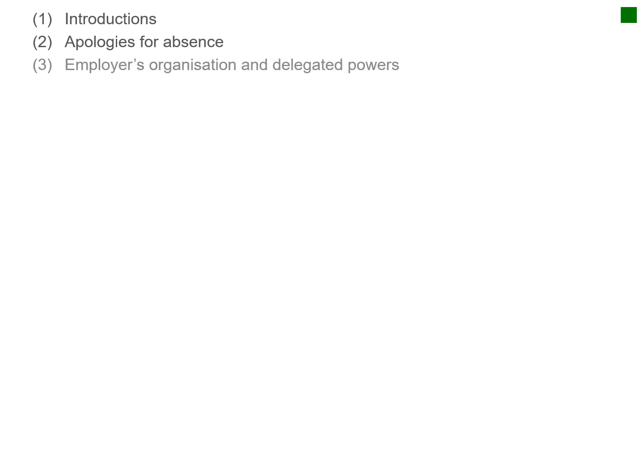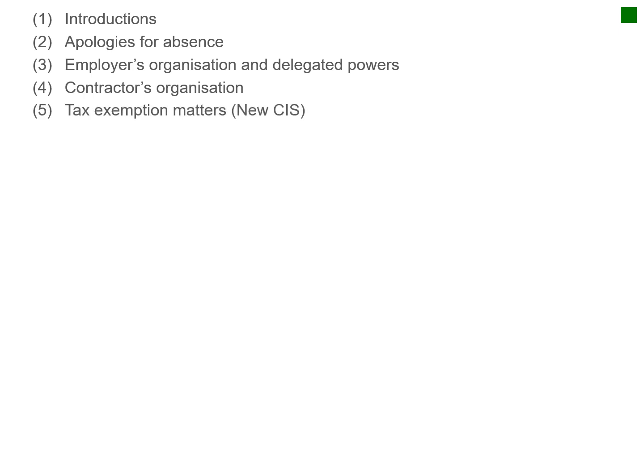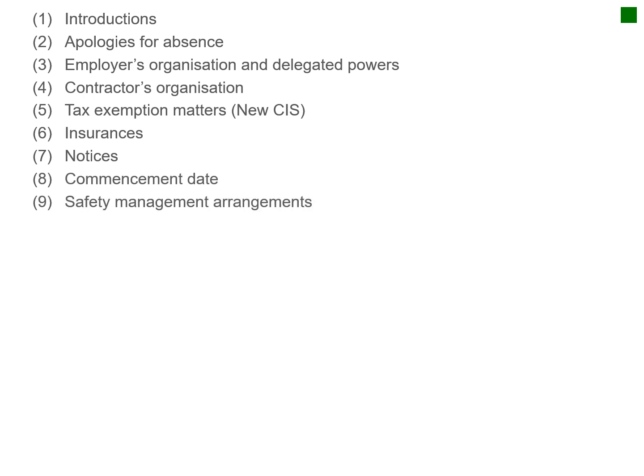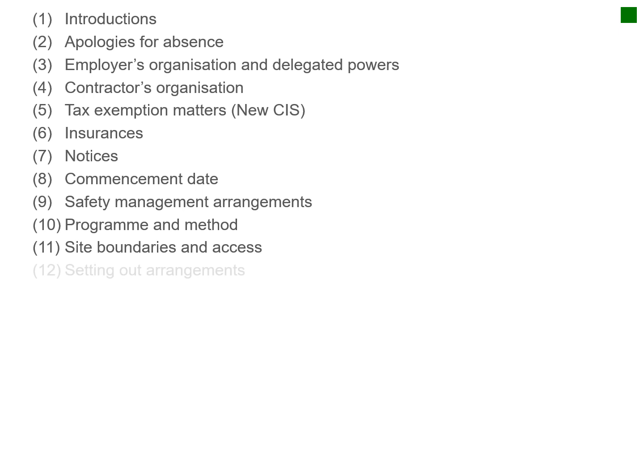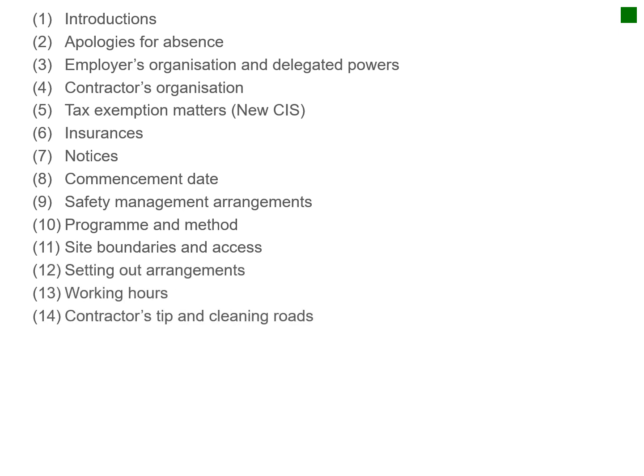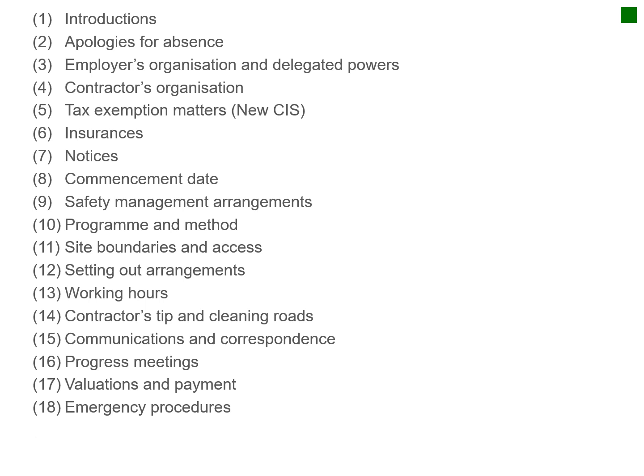This is typical of the items that one would encounter on a project like this: the tax exemptions, insurances, notices, commencement, safety management arrangements, programs and methods, site boundaries and access, setting out arrangements, working hours, contracts, tip and cleaning roads, communication and correspondence, progress meetings, valuations and payments, emergency procedures, any other business, and the date of the next meeting. So basic administrative stuff.